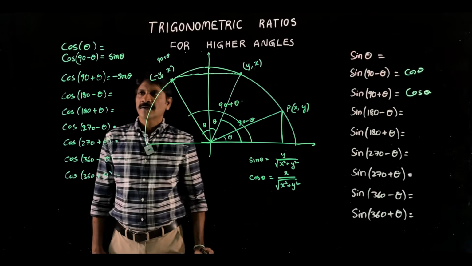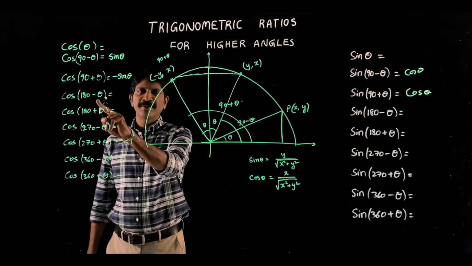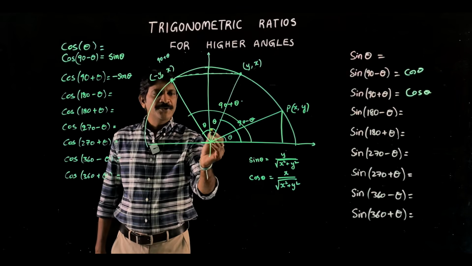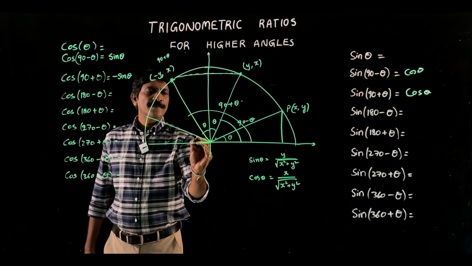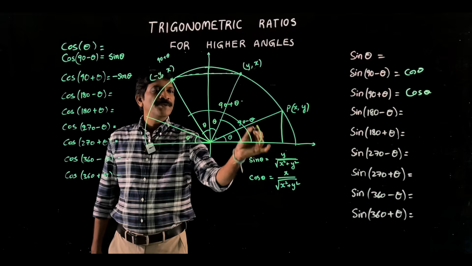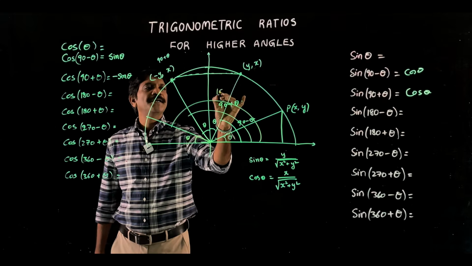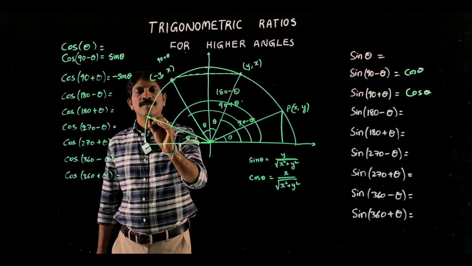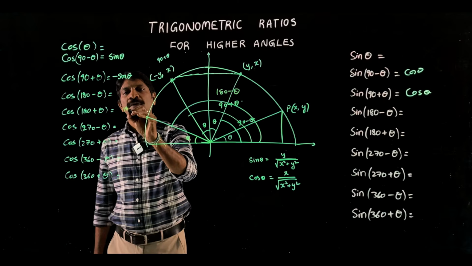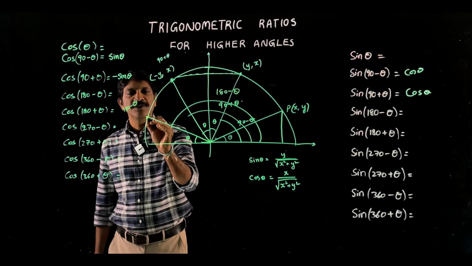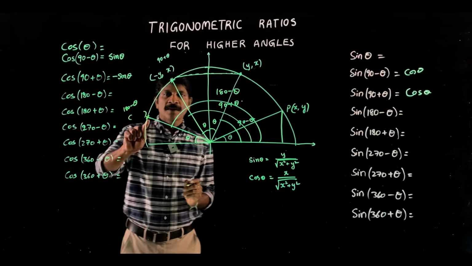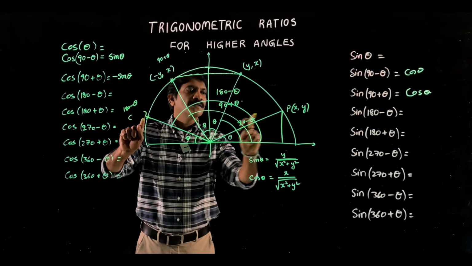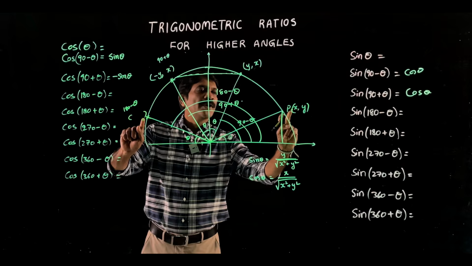Now let us find these sin and cos values for 180 minus theta. From here to here it is 180. So I take theta here. Now from here to here it will be 180 minus theta. So the position here is 180 minus theta. Let us find the coordinates of this point first. This point is nothing but the image of this point.